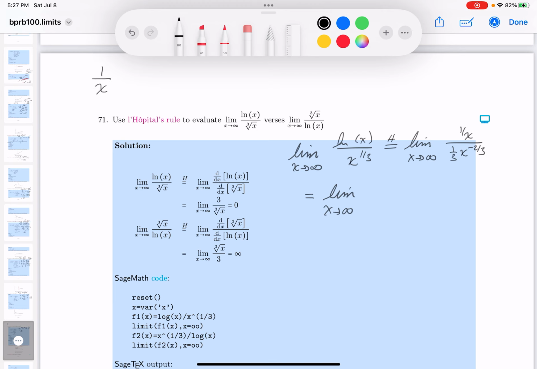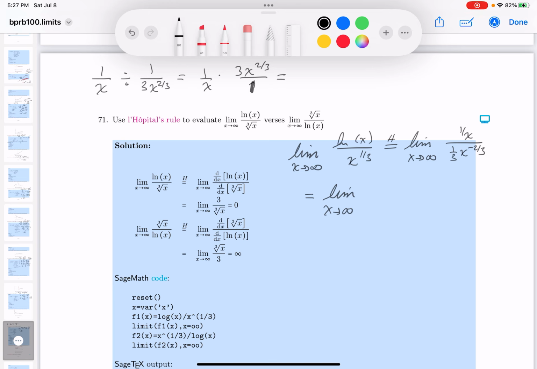So 1 over x, and we're dividing by, let's see, 1 over 3x to the 2/3, which is going to be 1 over x times 3x to the 2/3 over 1.